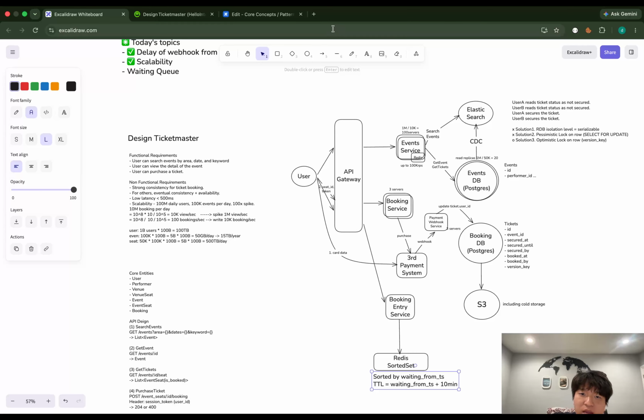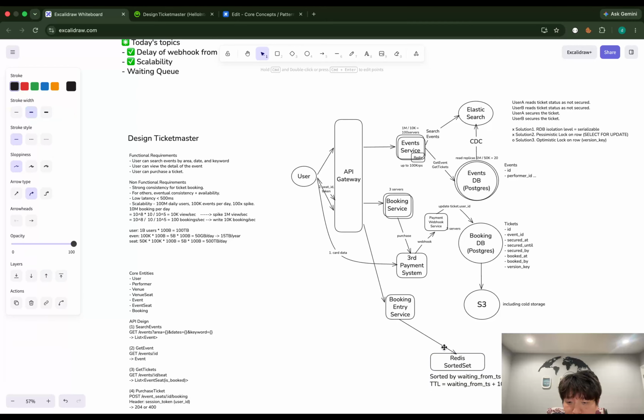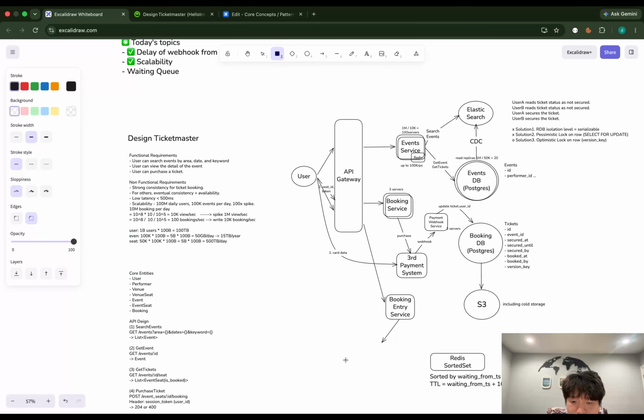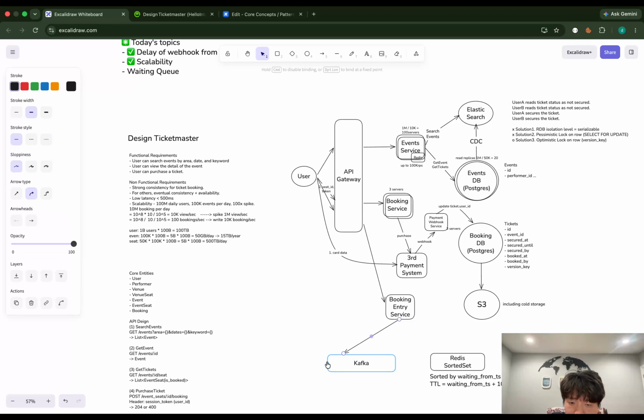Okay, so my idea is for the booking page users, I use the Redis SortedSet. But for booking waiting queue users, I use Kafka. So the flow is like this.